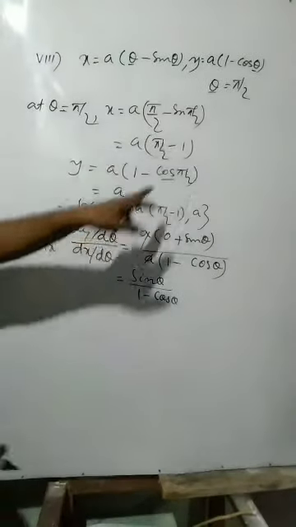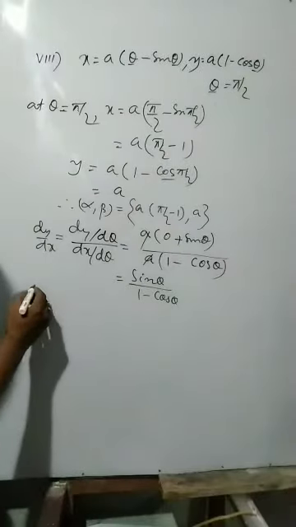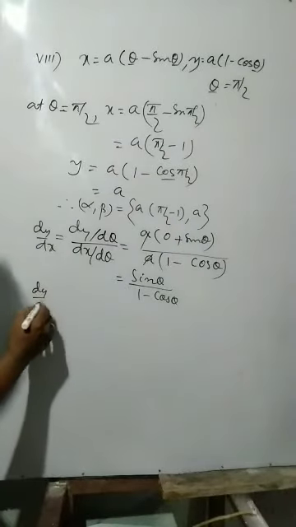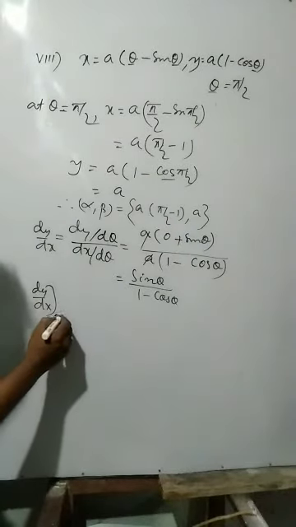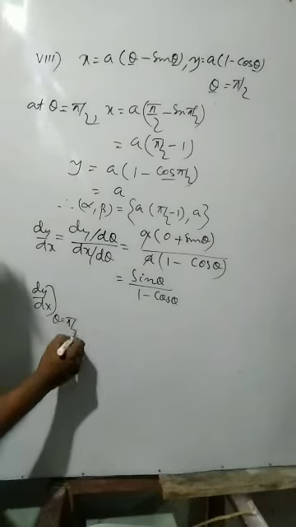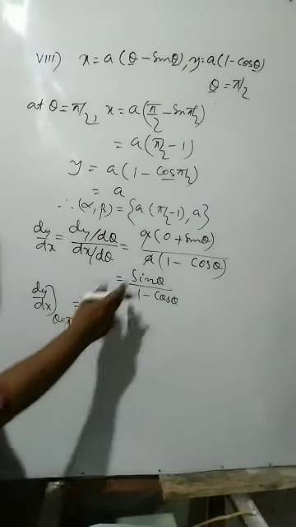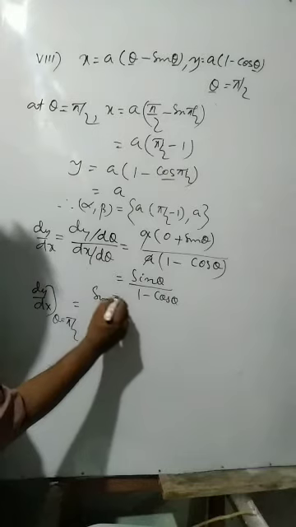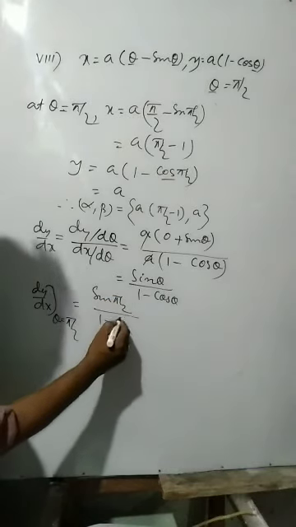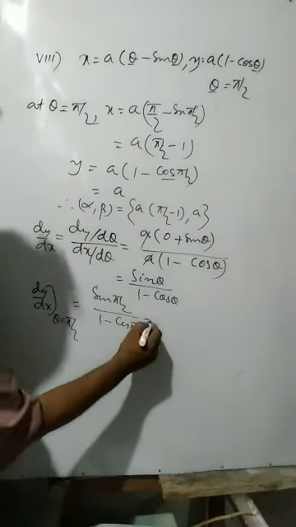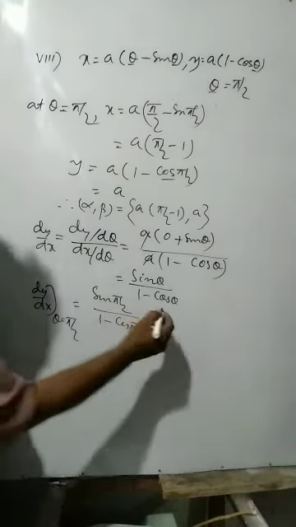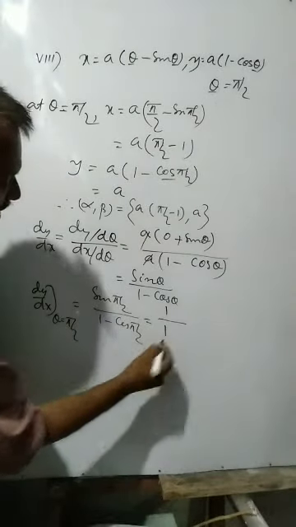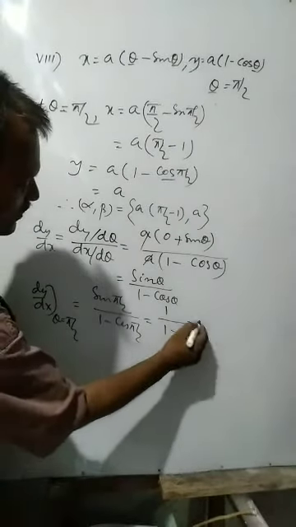So at theta equal to pi by 2 given, dy by dx at theta equal to pi by 2: sin pi by 2 over 1 minus cos pi by 2. Sin pi by 2 means sin 90 equal to 1. 1 minus cos 90 equal to 1 minus 0 equal to 1. This equals 1.